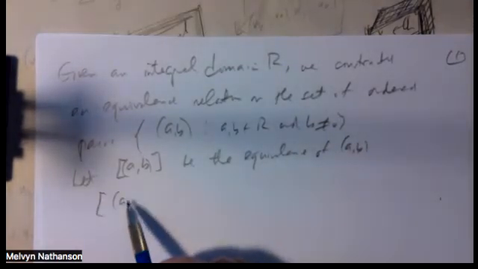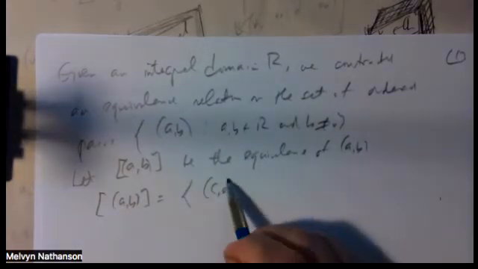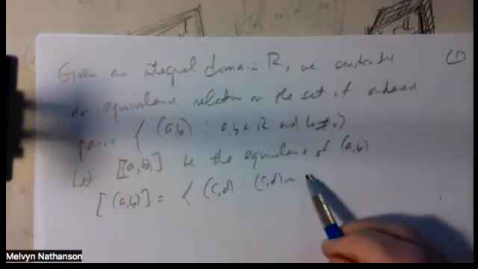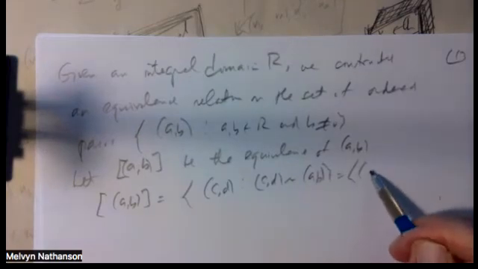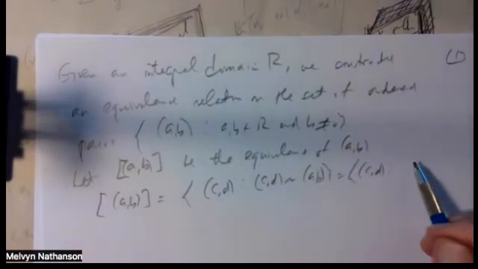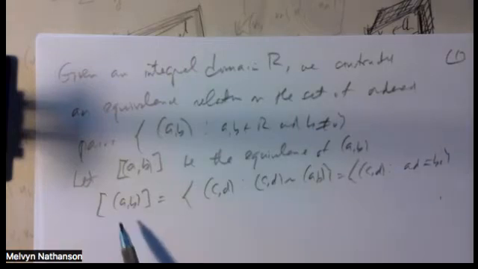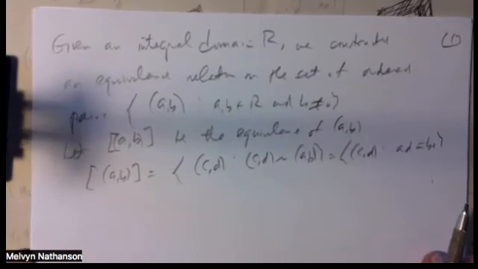That means this equivalence class consists of all ordered pairs CD such that CD is equivalent to AB. Or if you like, the set of all ordered pairs CD such that AD equals BC.